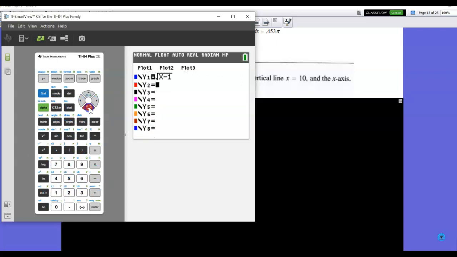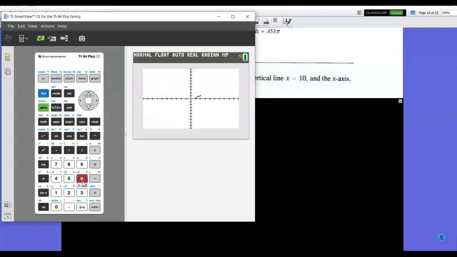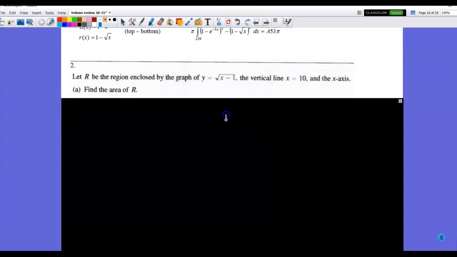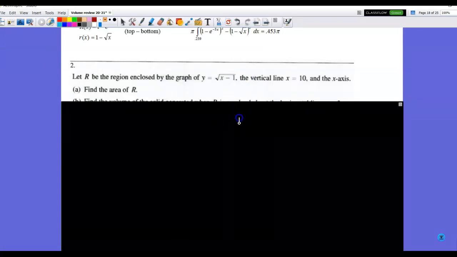If you have a colorized version of the calculator and you want that to actually be officially graphed, we're going to put the 0 in there. So there's y equal to 0, which is the x-axis. I'm going to go back to a Zoom 6 window, my standard viewing window, and then I can adjust that if I want to.